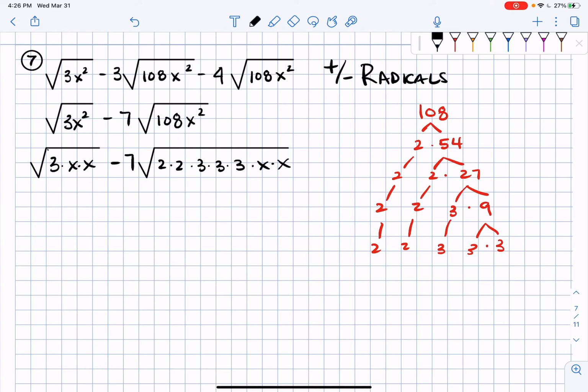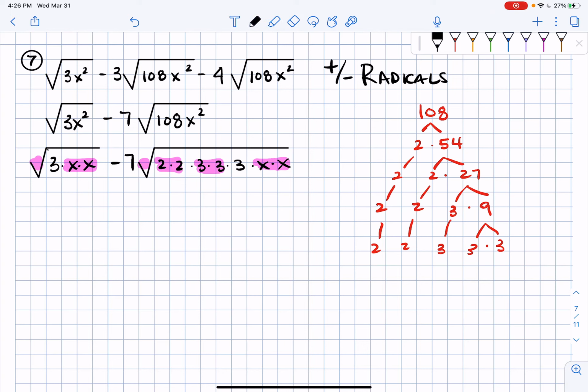Okay? So my index is 2, so I'm looking for pairs, or 2 of a kind. So there's a pair there, a pair there, a pair there, and a pair here. Okay? So awesome. So let's go ahead and see what we have left.